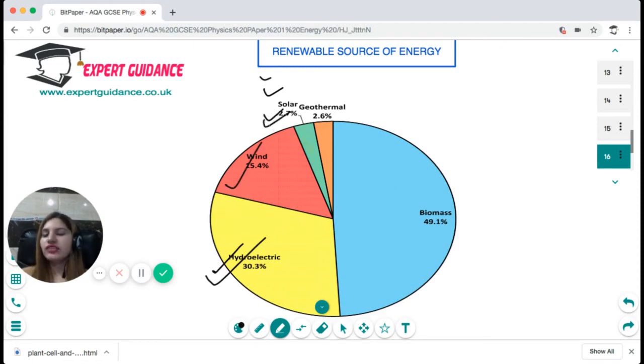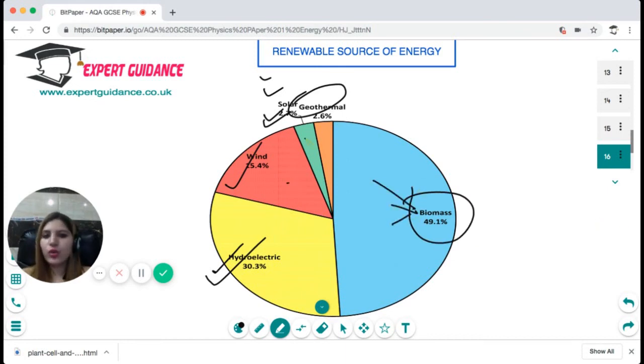Solar energy can be used to boil water, and the boiling water turns the turbine and generates electricity. Geothermal energy is the energy from the hot earth that can be used to generate heat, and the heat will run the turbines, which will convert it into electrical energy. And for biomass, we can use biofuels.